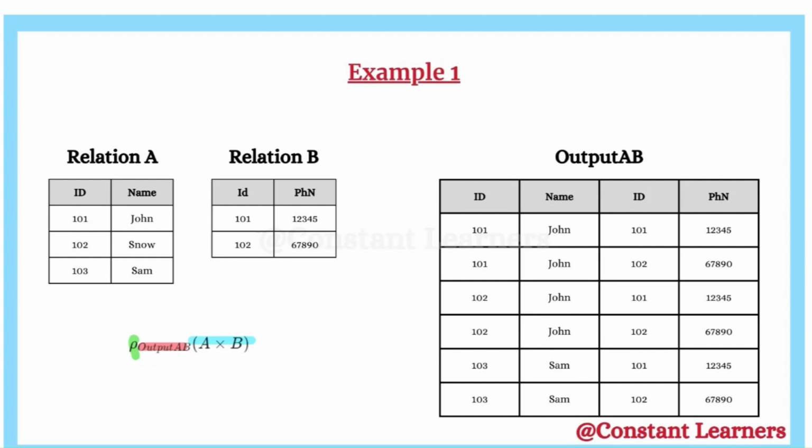So this name of the query is actually the old name of our output table. And we are changing it to output AB, right? So we have rho. In the subscript, we give the new name for our table. And here we have the old name of our table inside the round brackets.